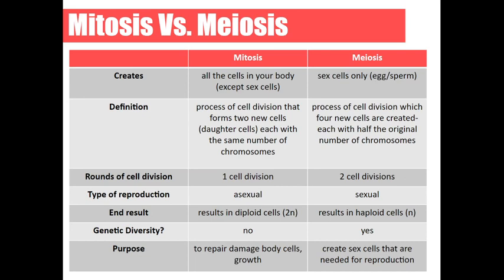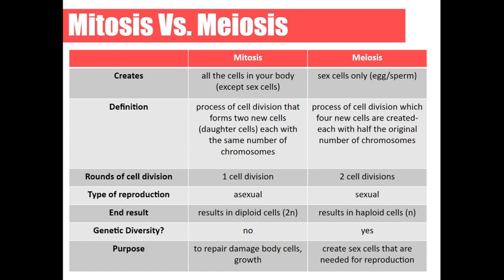So mitosis will only go through one round of cell division, while meiosis will go through two rounds. So since mitosis has nothing to do with sex cells, it is going to go through asexual reproduction, while meiosis will go through sexual reproduction, since it will require the assistance of the egg from people who are biologically female and the sperm from people who are biologically male.